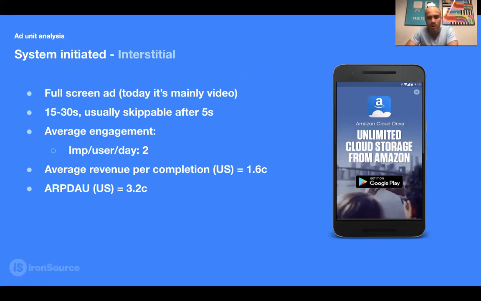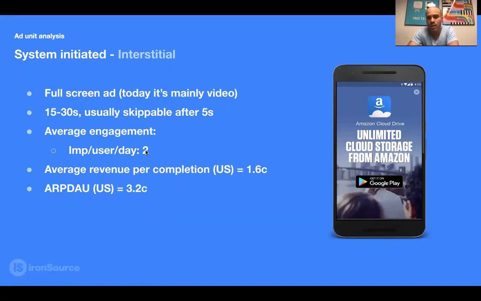The average revenue per completion is about 1.6 cents, which means $16 eCPM in the United States. Similar to rewarded video, but about 20% lower. And if you see 2 impressions per user per day with 1.6 cents per impression, you get to an ARPDAU of 3.2 cents.